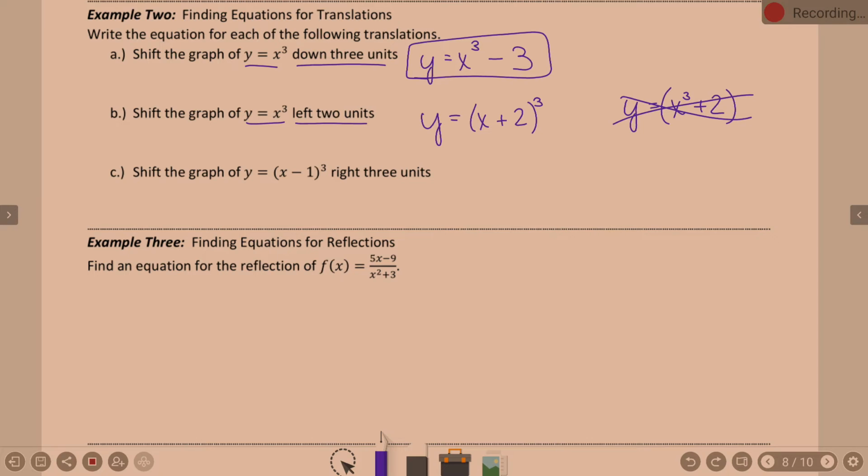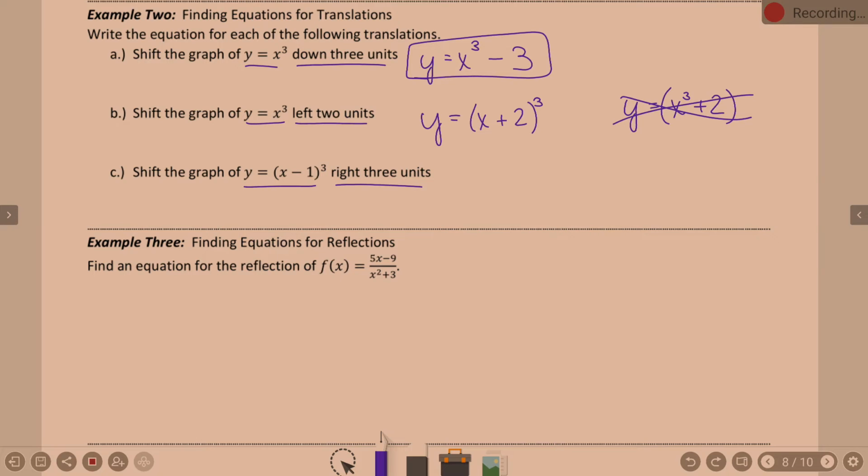Shift the graph of y equals x minus 1 quantity cubed, right 3 units. What? Just x minus 3? Would it be minus 4? If we just trade the 3 and 1 out, we're not keeping the same original graph. Absolutely.